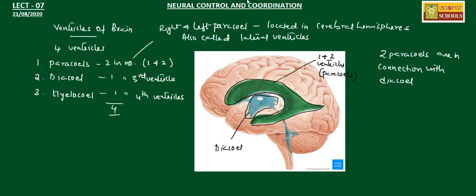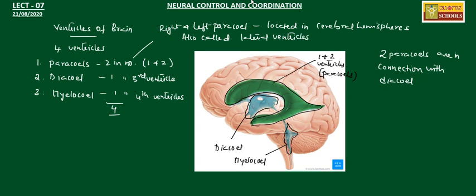And then the fourth ventricle, here it is located. This is the fourth ventricle, and it is the myelocoel.